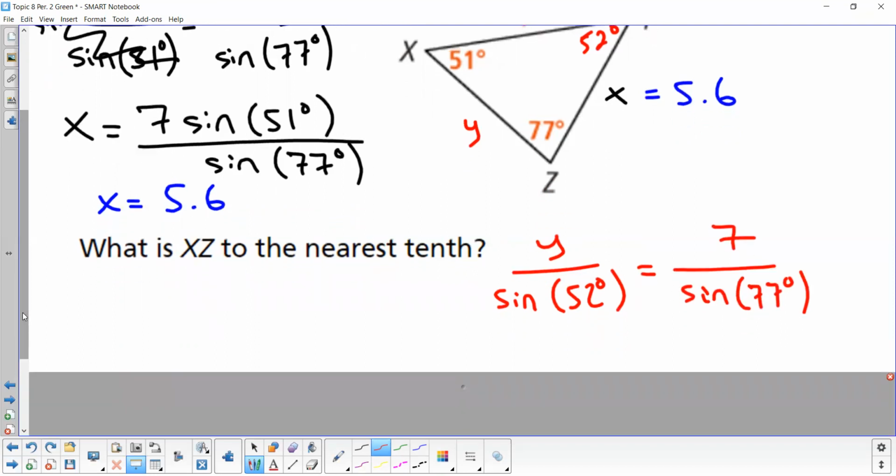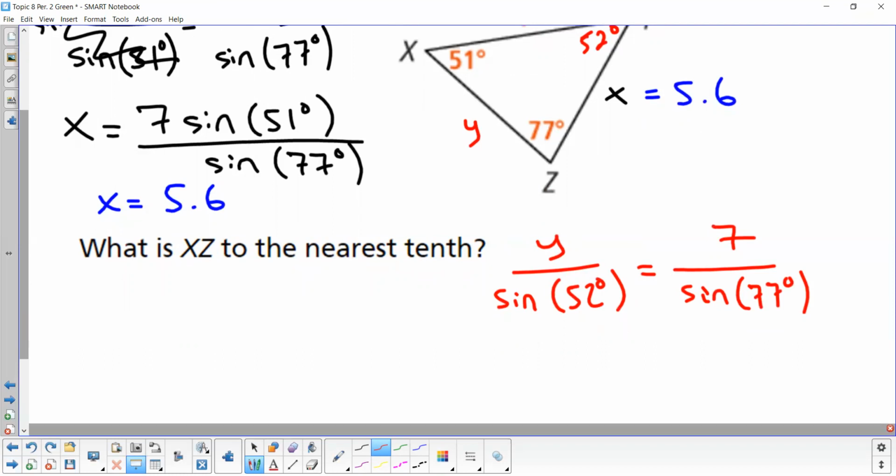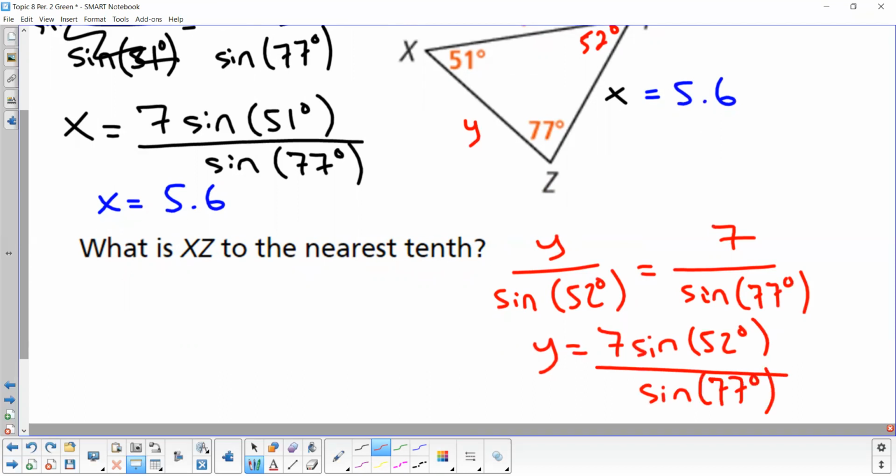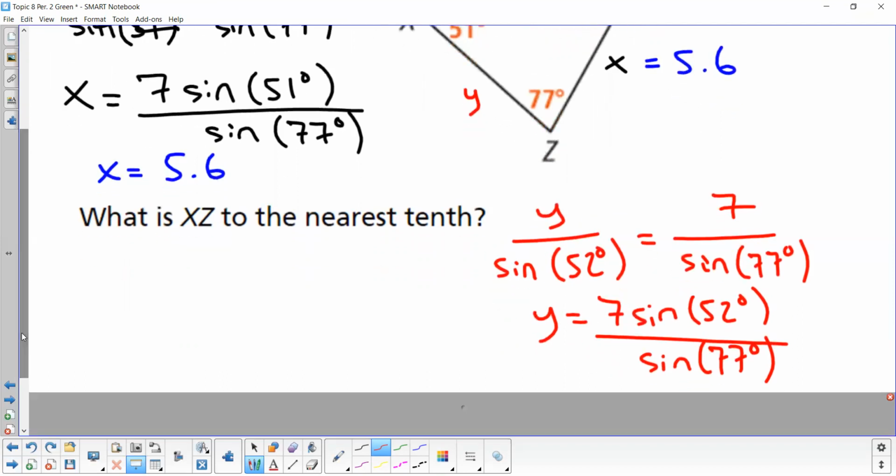In one step, I get y by itself by just multiplying both sides by sine of 52. And we should expect something a tad bit bigger than 5.6. Was it 5.7? 5.66 to be more exact. Round it up. 5.66 or 5.7? Yeah, good.